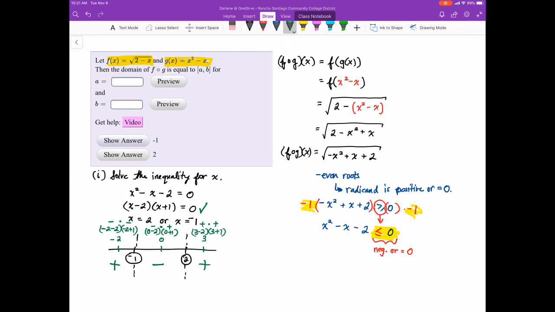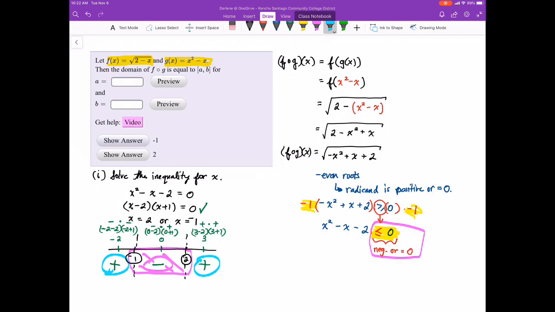Now, the result here would be in between negative 1 and 2, because we were looking for only negative numbers or equal to 0. Here, I got a positive and a positive to the left of -1 and to the right of 2 respectively.